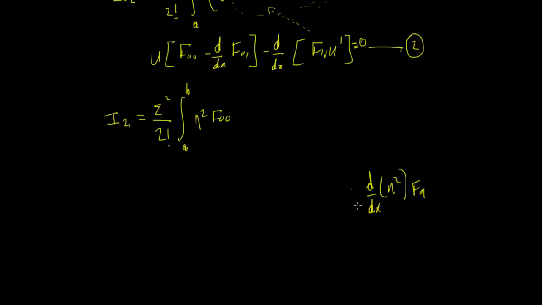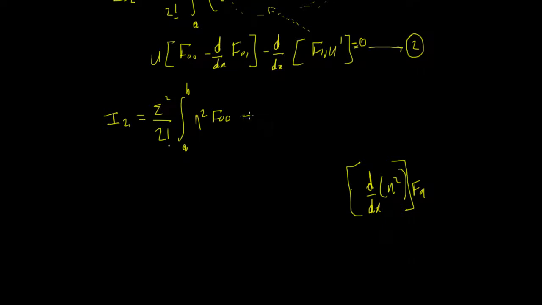Now I can use integration by parts, and I can make f naught 1 the subject of the differentiation, and I can take the eta squared out. Again, I've talked before about integration by parts, and I've put a little video in the snippet section, so quite quickly you can look at this and do 3 steps.